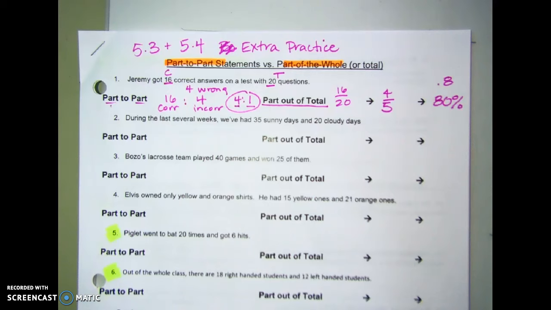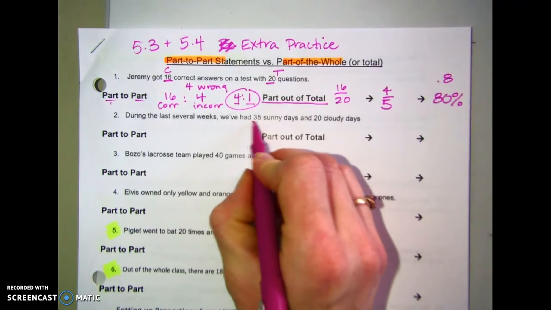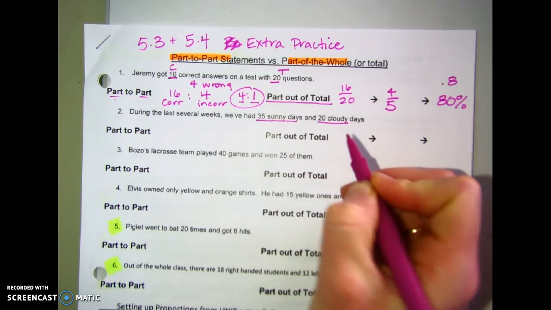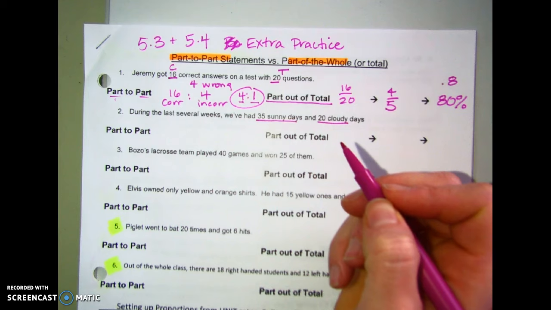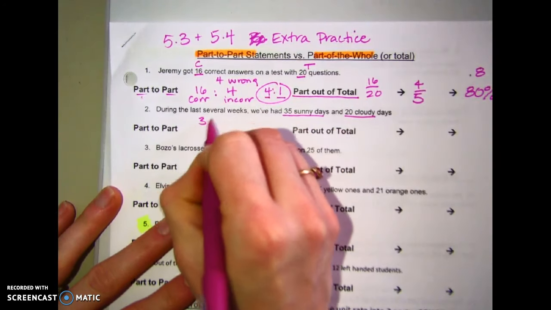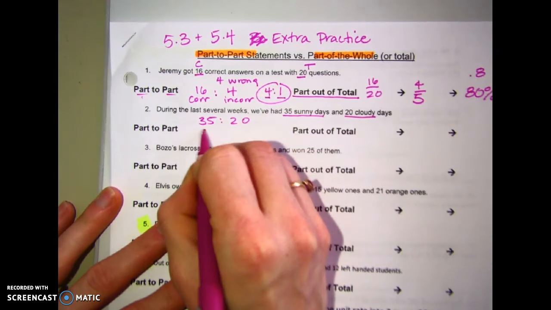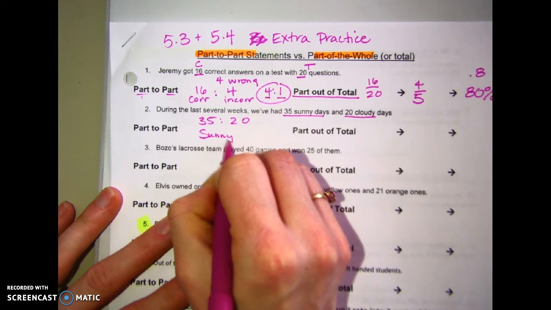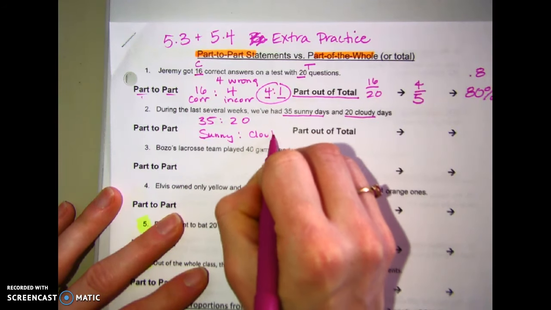During the last several weeks, we've had 35 sunny days and 20 cloudy days. So assuming that the days are either sunny or cloudy, I have two groups here, sunny and cloudy. Those are my two parts or my two groups. So if I wanted to write a comparison or a ratio just comparing those two numbers, I could say 35 to 20, right? Sunny days to cloudy.